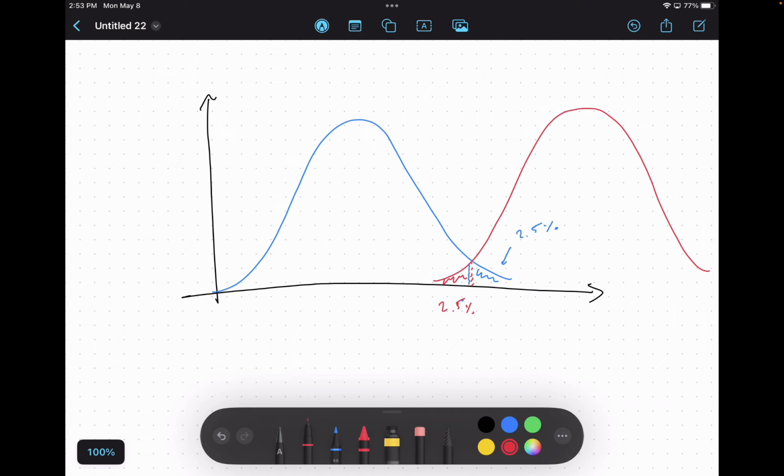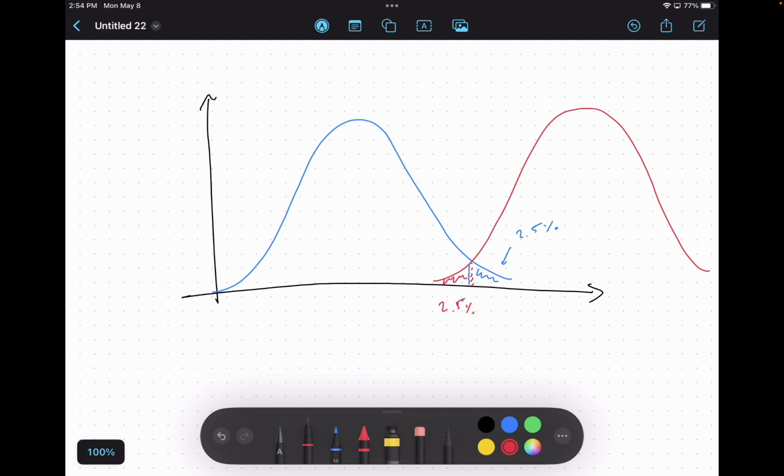At the point at which two of the intervals overlap or touch each other, you are saying that 2.5% of the time and 2.5% of the time, so it's 2.5% squared, that they would be the same.